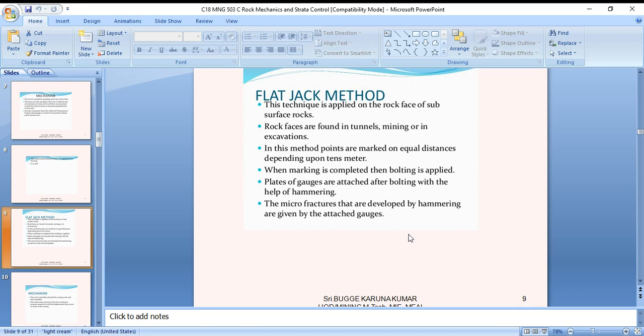Coming to the flat jack, the stress restoration technique: the flat jack is a completely hydraulic cell system, you can say. This technique is applied on the rock face, on subsurface rock.